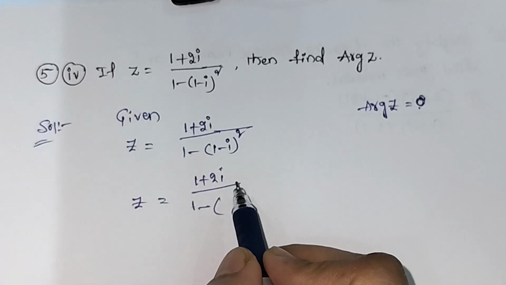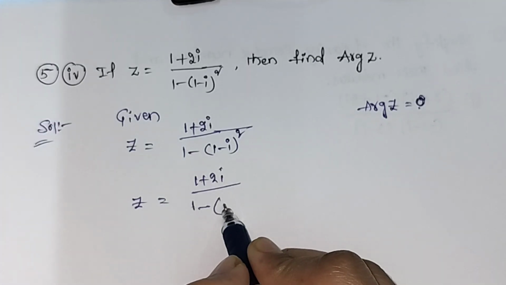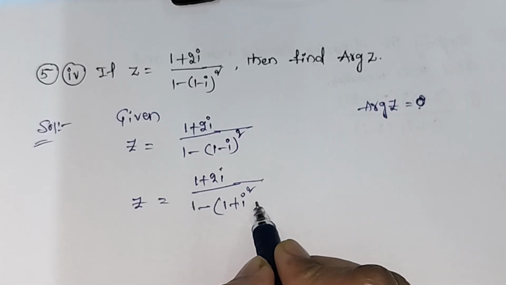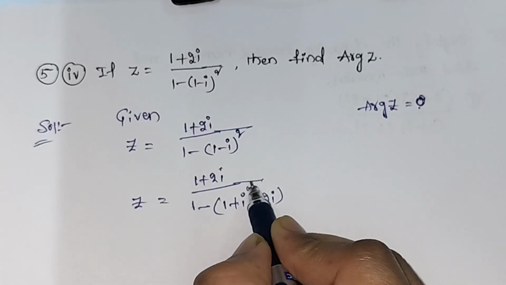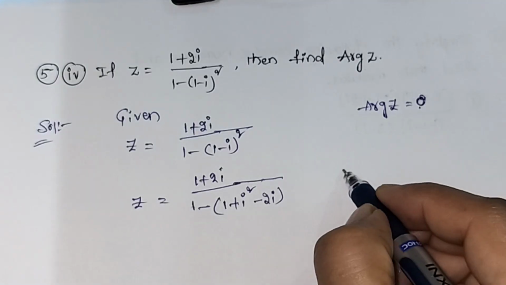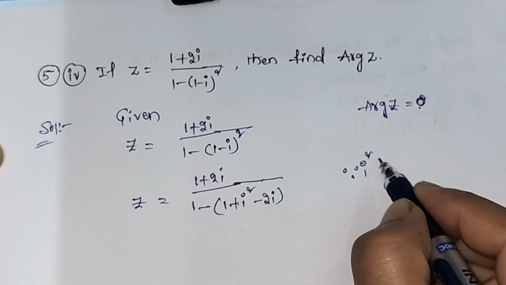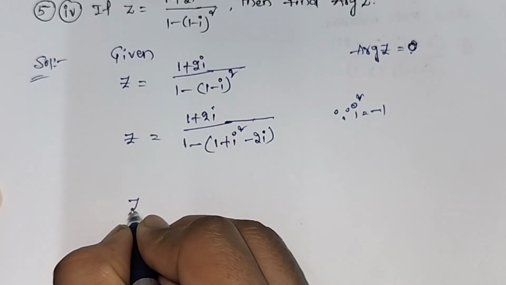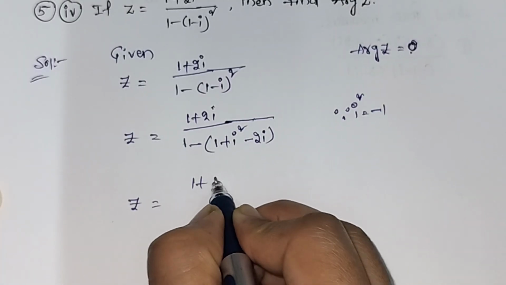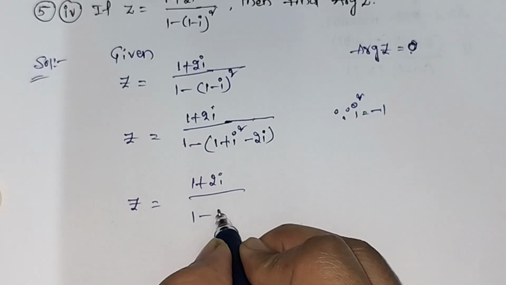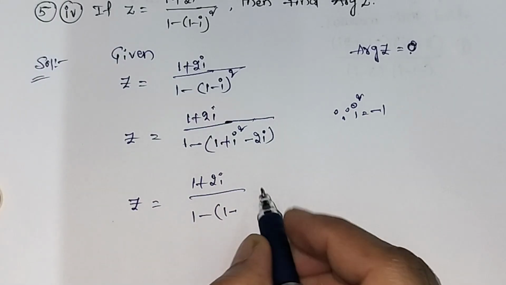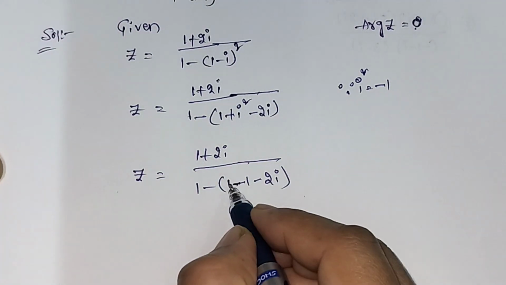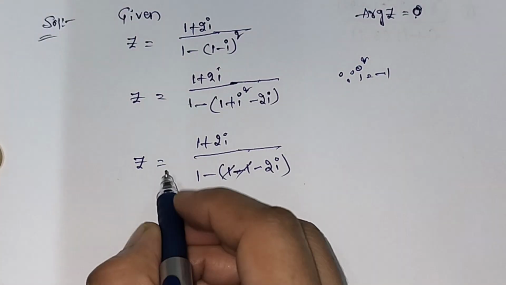The formula is a square plus b square minus 2ab. a square means 1, b square means i square, minus 2ab means minus 2i. Since i square is equal to minus 1, z is equal to (1 plus 2i) by (1 minus 1 minus 2i), since i square is minus 1. So minus 1 minus 2i plus 1, the 1 and minus 1 get cancelled.